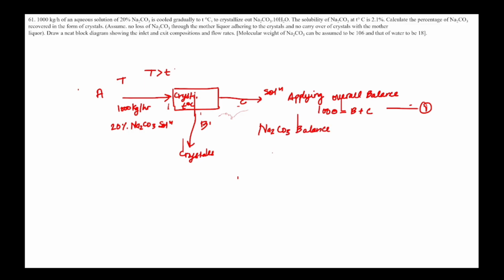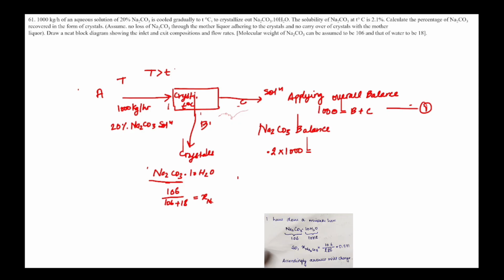In the feed, Na2CO3 is 0.2 into 1000, which is equal to, now here we have Na2CO3·10H2O, but we require the mole fraction of Na2CO3 only. So the molecular weight of this is 106 divided by the total molecular weight, that is 106 plus 18, that will be the mole fraction of Na2CO3 in the B stream.